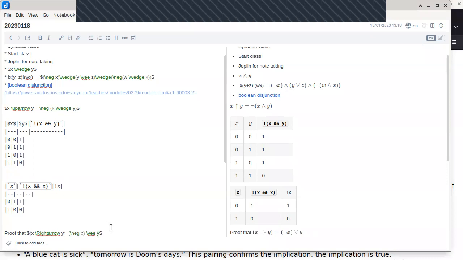Use the truth tables, okay? So start with the truth tables that I have already given you to show that x implies y, according to its own truth table, is really the same thing as not x or y.